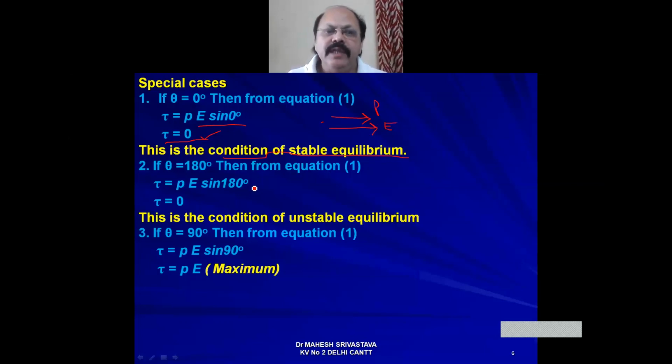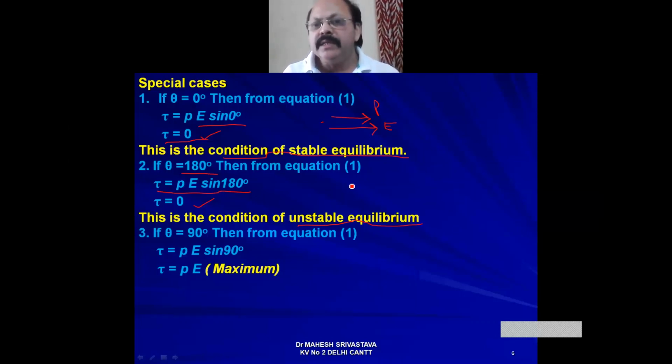But if theta equals 180 degrees, then tau equals P E sine 180 degrees. Sine 180 degrees is also 0. So again tau equals 0. So you see the difference. This condition is known as unstable equilibrium. Your aim is to rotate the dipole and bring it along the direction of the electric field.